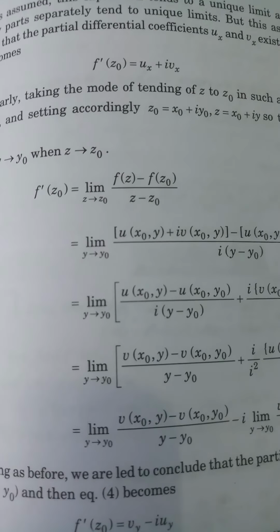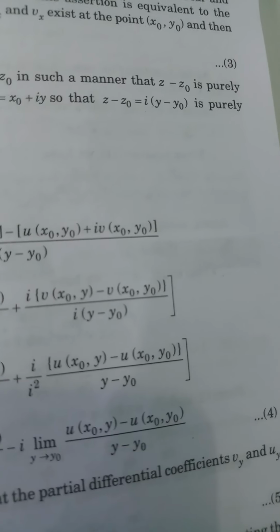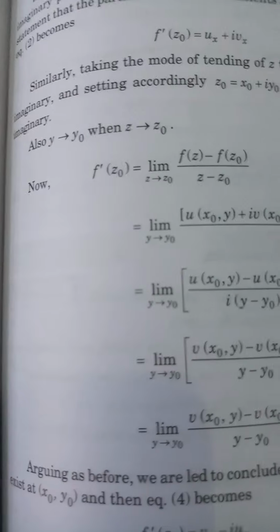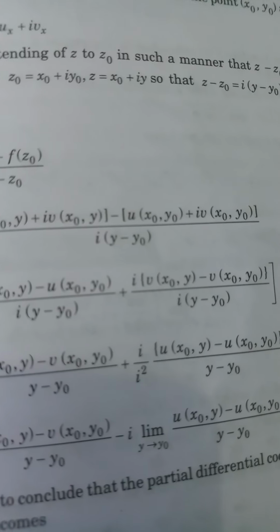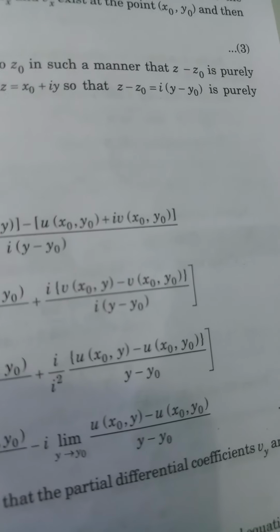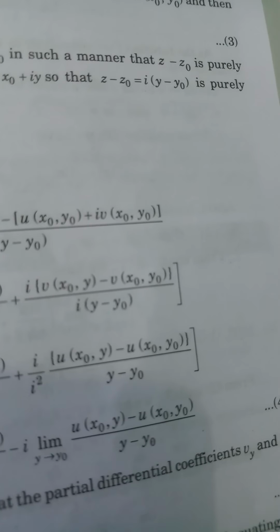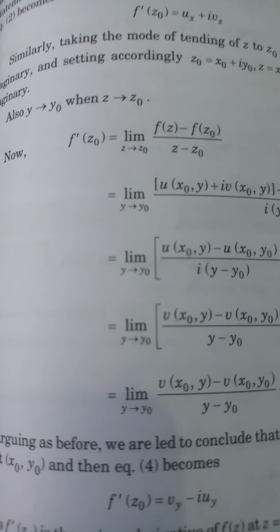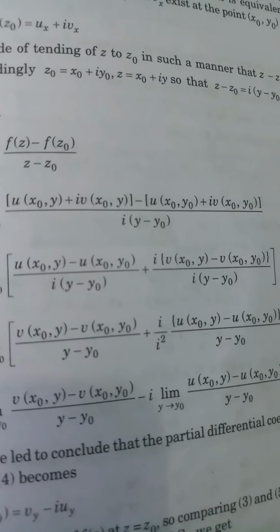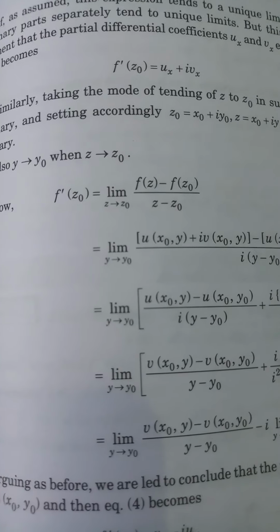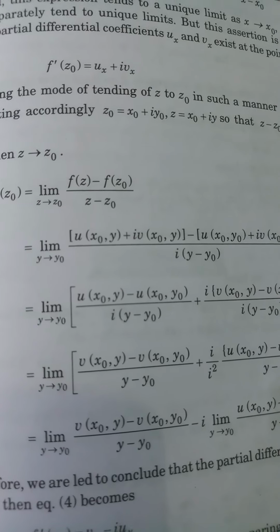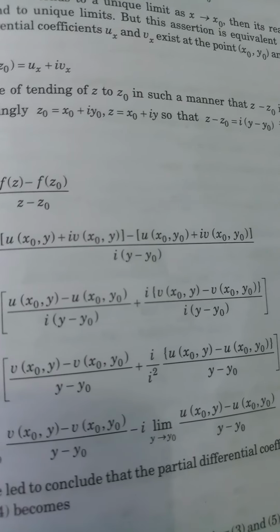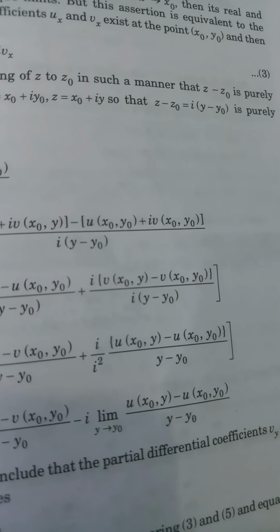Similarly, taking the mode of tending as z approaches z0 in such a manner that z - z0 is purely imaginary, and setting accordingly z0 = x0 + iy0, z = x0 + iy, so that z - z0 = i(y - y0) is purely imaginary.